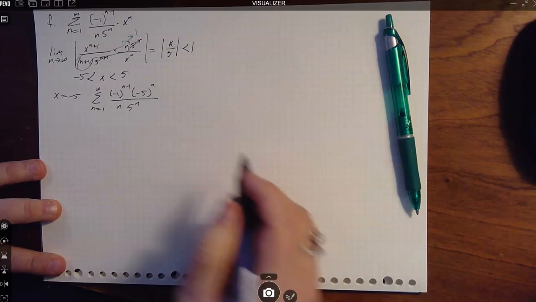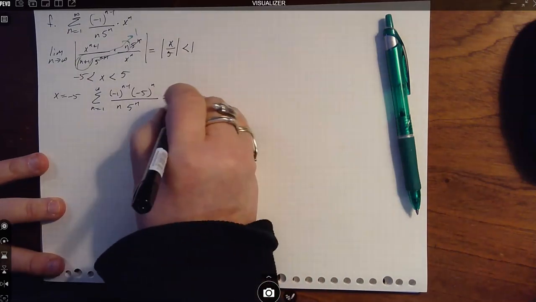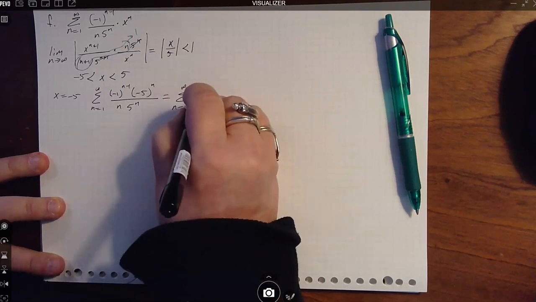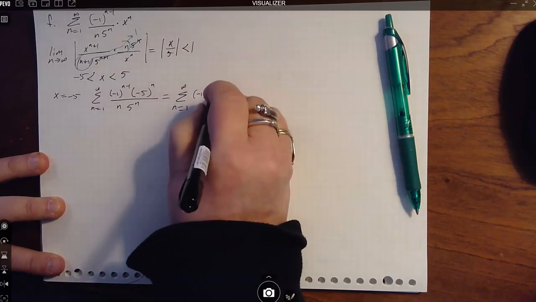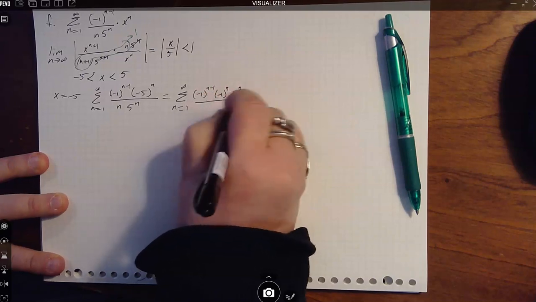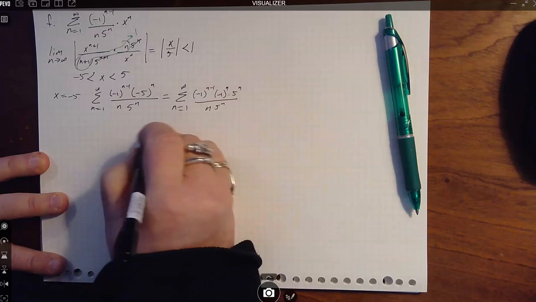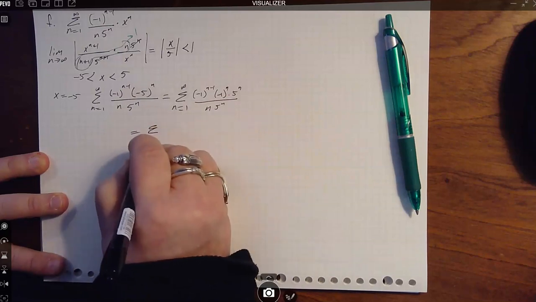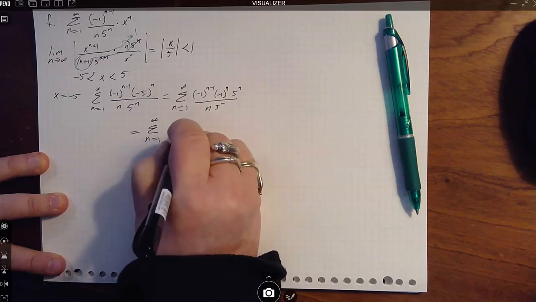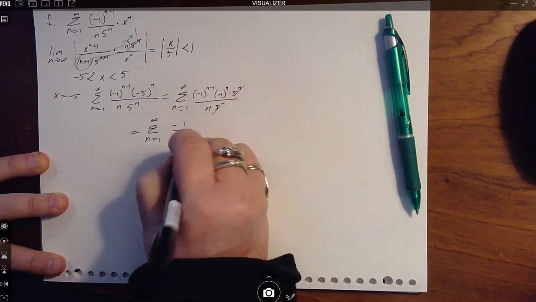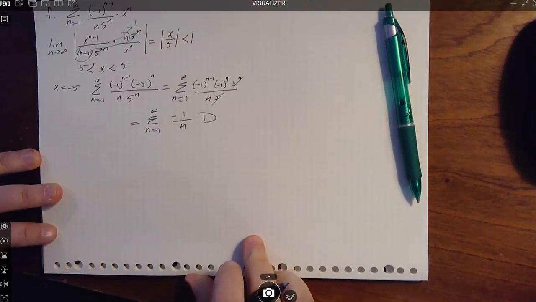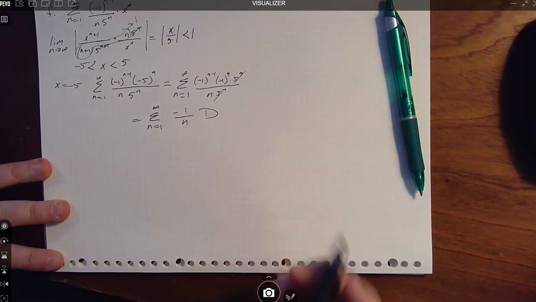But that's livable. Those cancel, leaving -1 over n. 1 over n diverges because your p is equal to 1, not big enough.